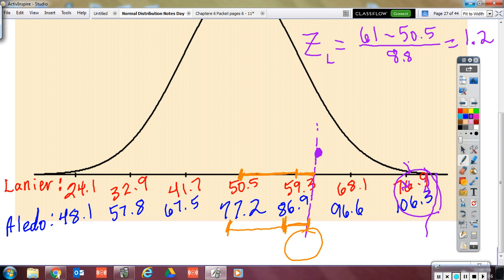It's actually like 1.196, or 1.195, something like that. So she is 1.2 standard deviations above the average. If we look down here at the bottom, she is located 1.2 standard deviations above the average.